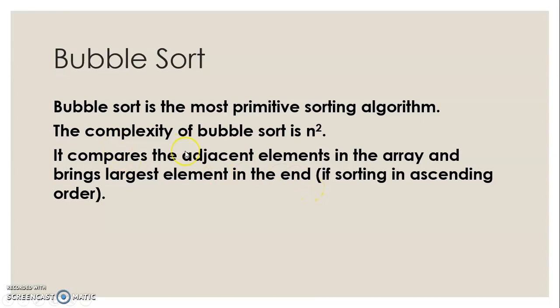So in bubble sort, whenever one pass completes, the largest element will come to the highest position of the array. So if the array is from 0 to 6, then after the first pass, the largest element of the array will come at the 6th position.